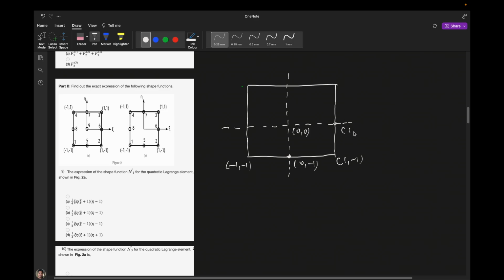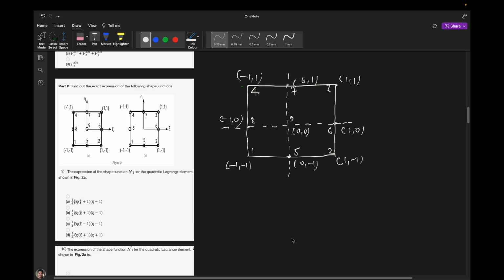It will be 1 0, 1 1, 0 1, -1 1, -1 0. Okay, and what are the nodal positions? 1 2 3 4 5 6 7 8 and 9.